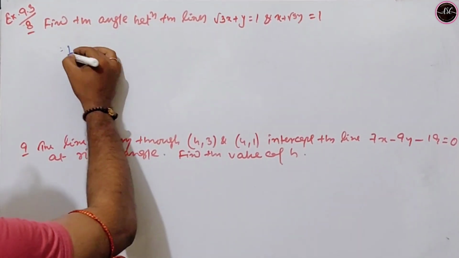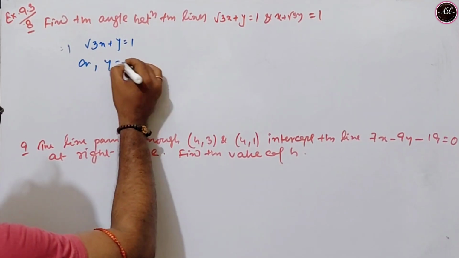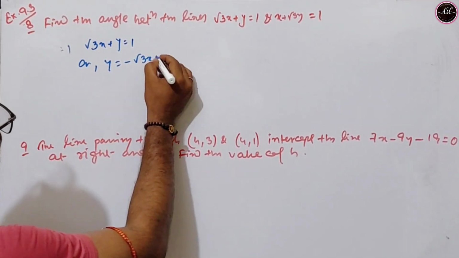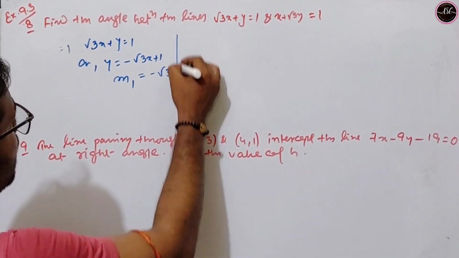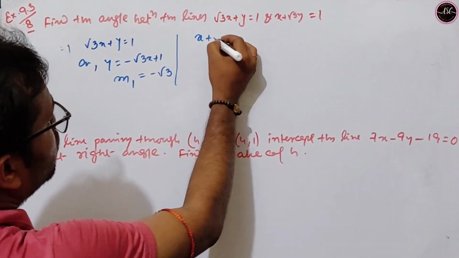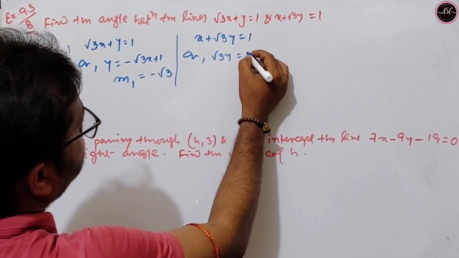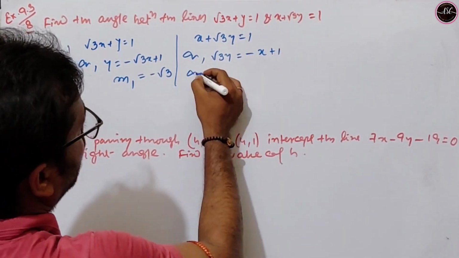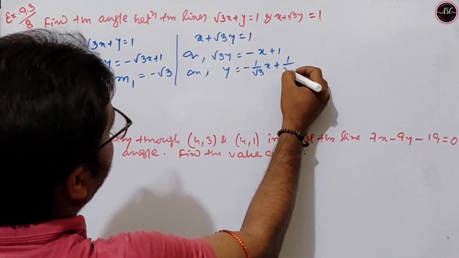So here root 3 x plus y equal to 1, or y equal to minus root 3 x plus 1. So here the slope of this line, m1, equal to minus root 3. And for this line, x plus root 3 y equal to 1, or root 3 y equal to minus x plus 1, or y equal to minus 1 by root 3 x plus 1 by root 3.